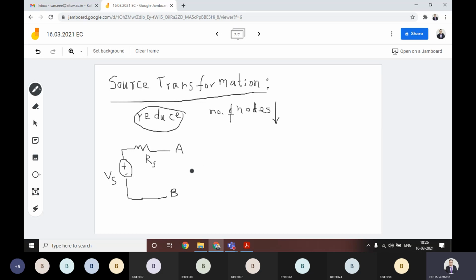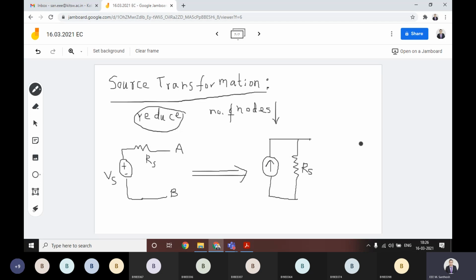What is source transformation? Simply, we have to calculate the equivalent current based on these values. We need to convert from a voltage source to a current source. How to calculate the current? Vs by Rs will give you the current value. That current source is in parallel with the same resistance Rs.